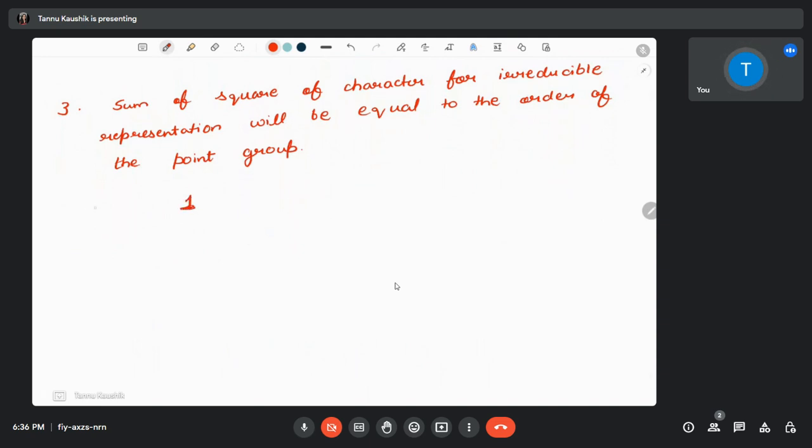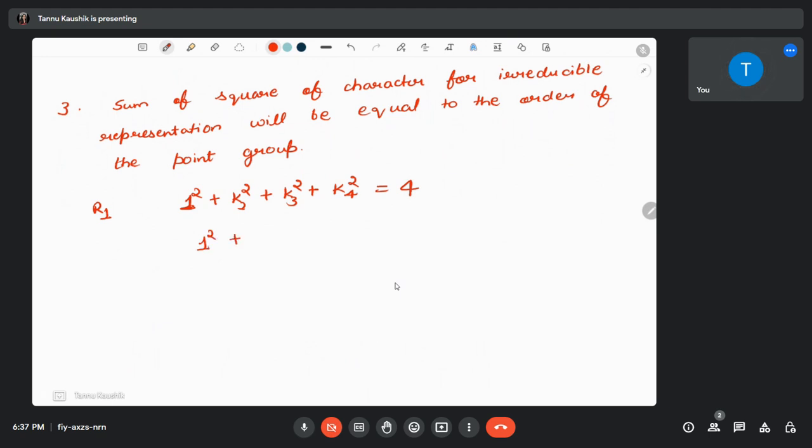So if we take the first irreducible representation R1, it will be 1 square plus K2 square plus K3 square plus K4 square. So it will be equal to 4. So what could be the possible values of K2, K3 and K4 such that the sum of squares of these characters becomes 4?